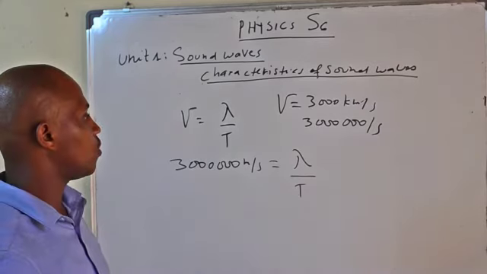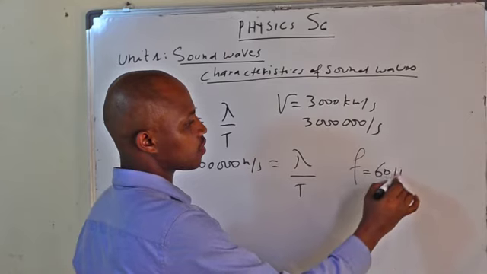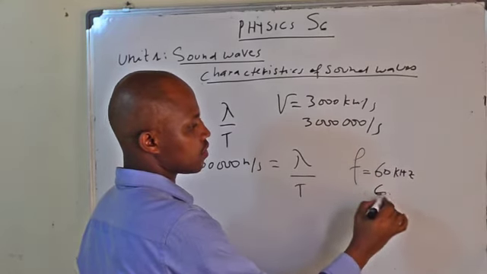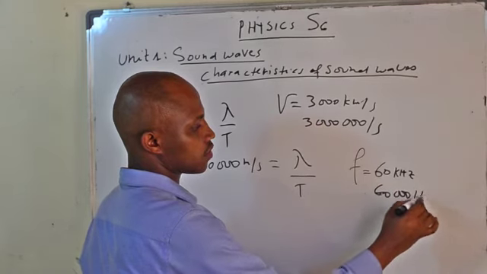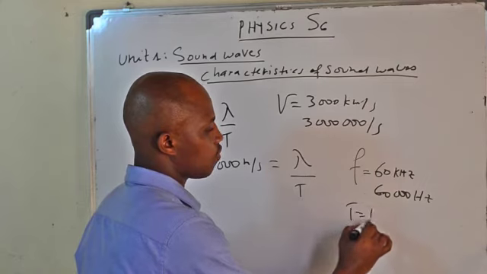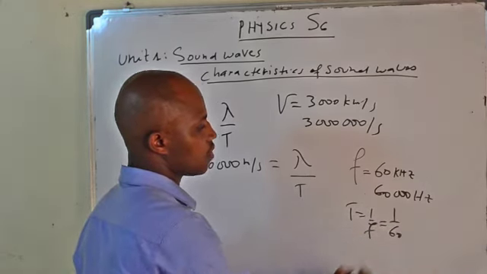Okay, so as the frequency is equal to 60 kilohertz, that's 60,000 hertz. Okay, so the period is equal to 1 over frequency, which is equal to 1 over 60.